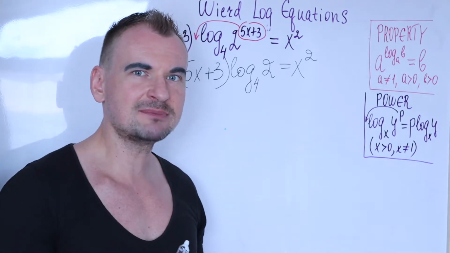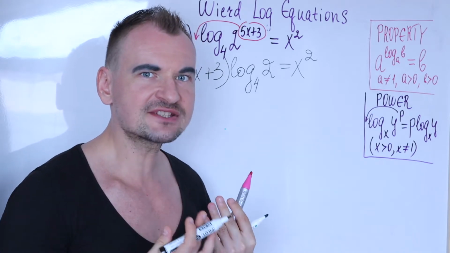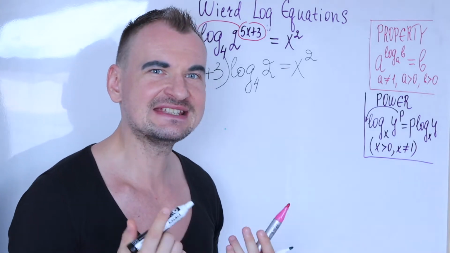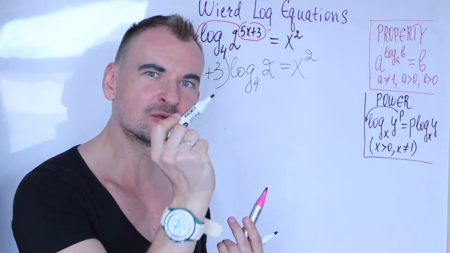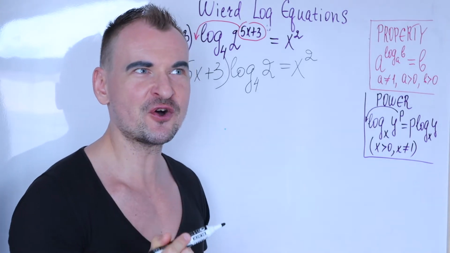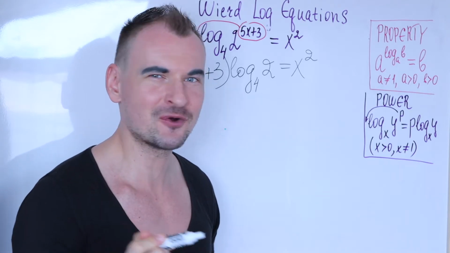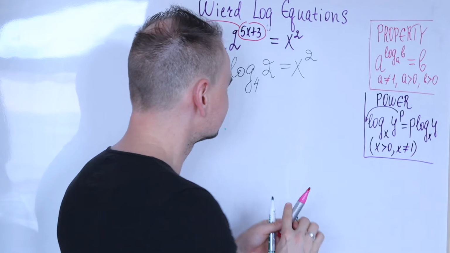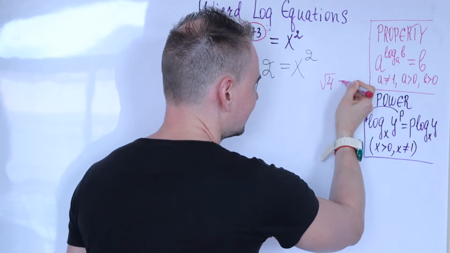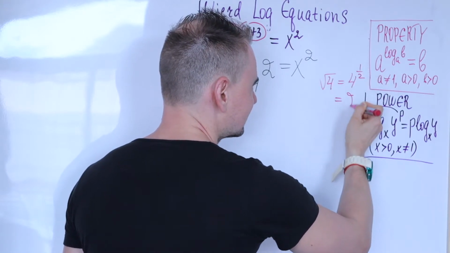It might not be that obvious, but the answer is a power of a half, since the square root of 4 is just 2. The square root basically means a half power. So 4 to the half power is just 2.